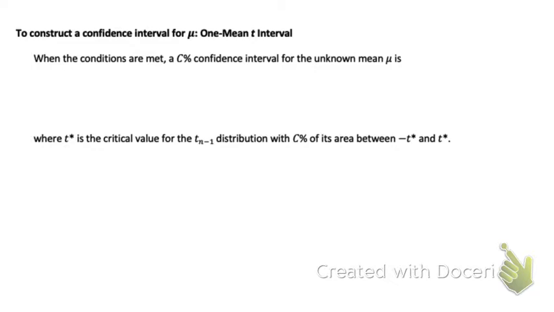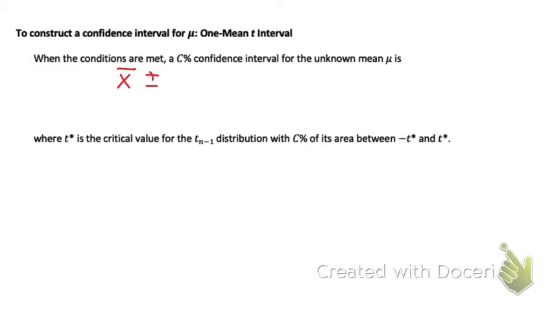But I don't know mu. I'm trying to estimate mu. So what do I use to estimate mu? X bar. Did you just make up a statistic? Did you literally just say mu hat? I'm sorry. Wow. All right, x bar plus or minus.